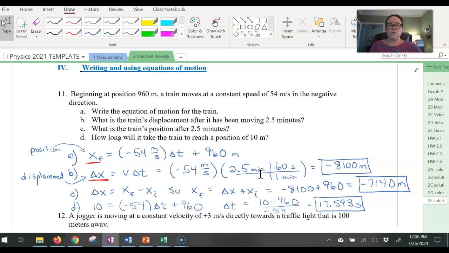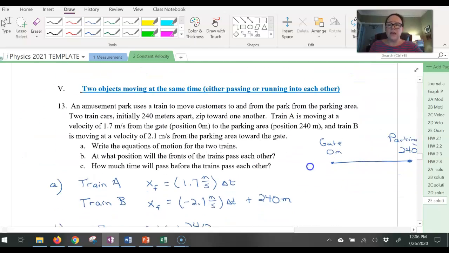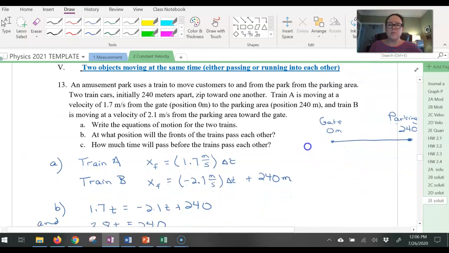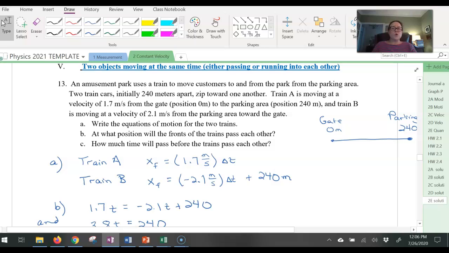Let's go down to number 13. And this is a situation where we want to find the time and the position when two objects pass each other. Here we've got a situation with an amusement park, and a lot of times they have trains that take you back and forth from the parking area, which may be a long way away, to the gates of the park.